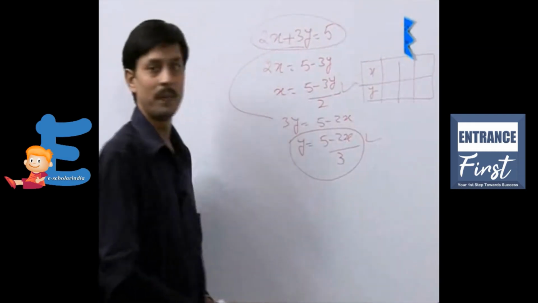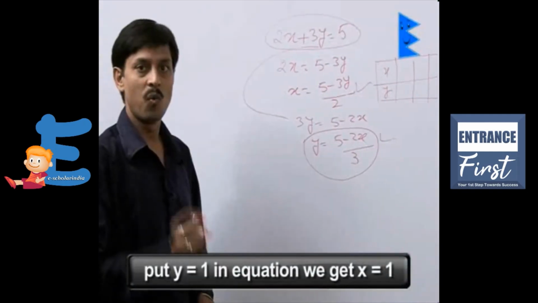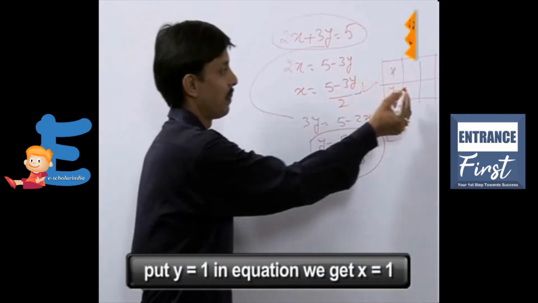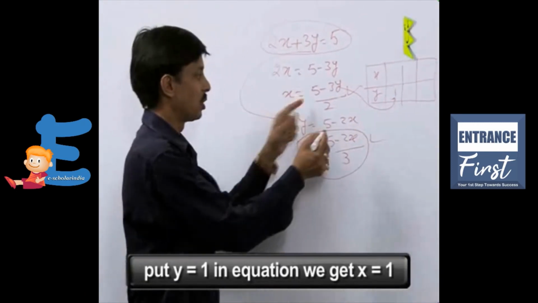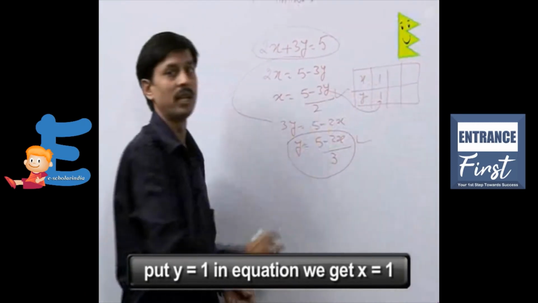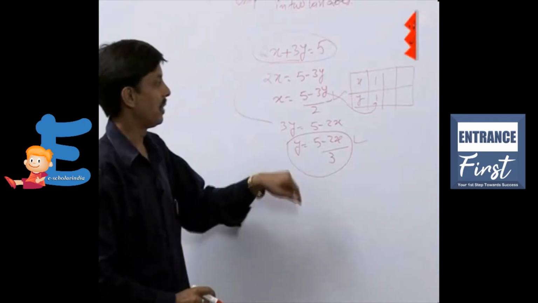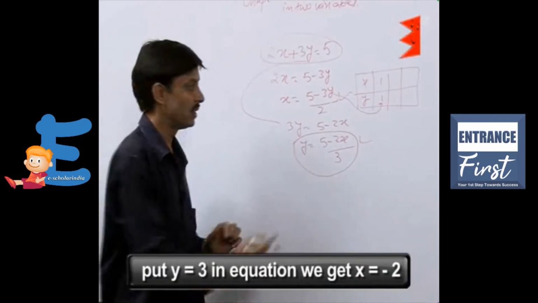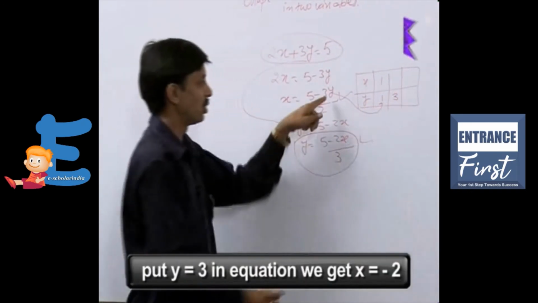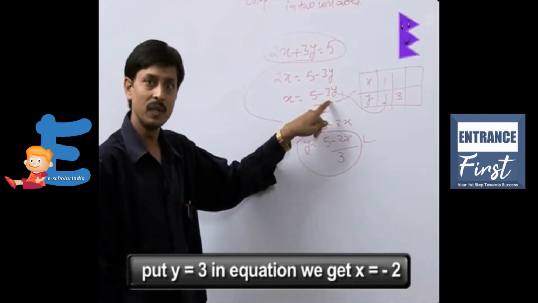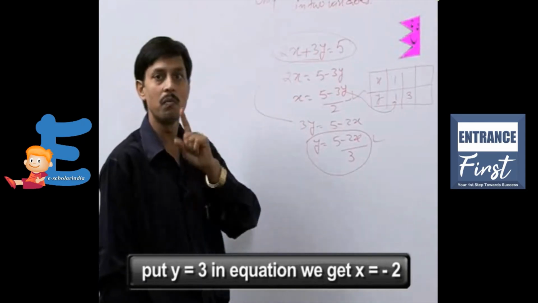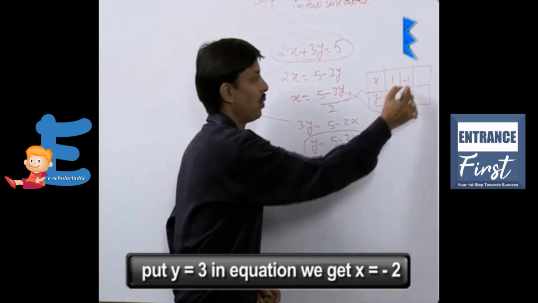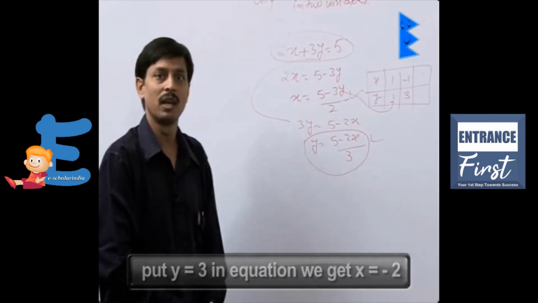You can see here, suppose I opt y as 1, then x will automatically be 1. If I take y as 3, then 3 threes are 9, minus 9 plus 5, minus 2 divided by 2, minus 1. So the value of the dependent variable comes like this.